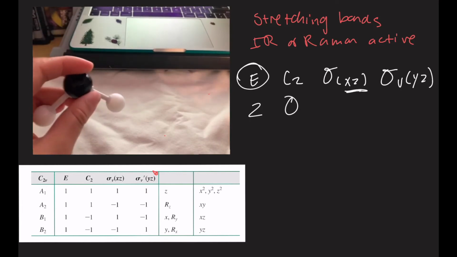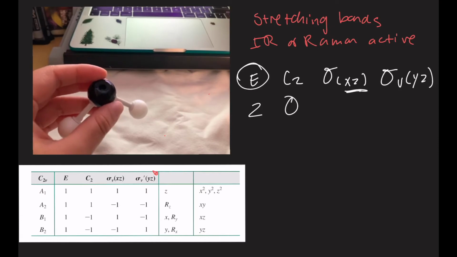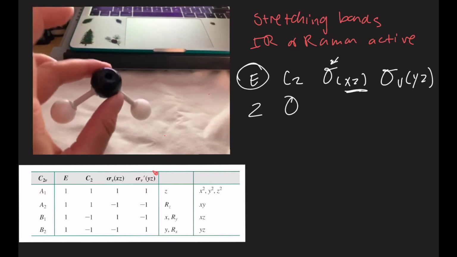Now, our sigma right here means the mirror planes that the molecule has.